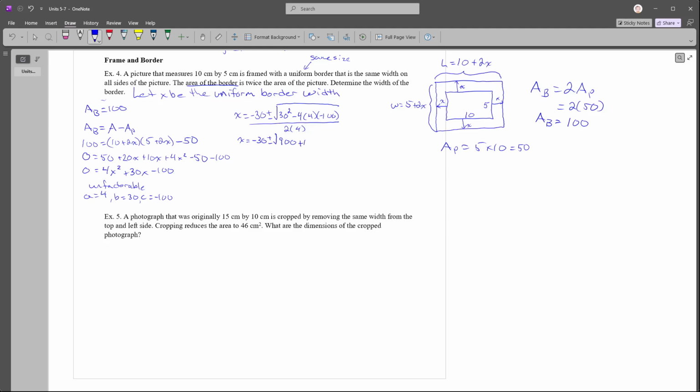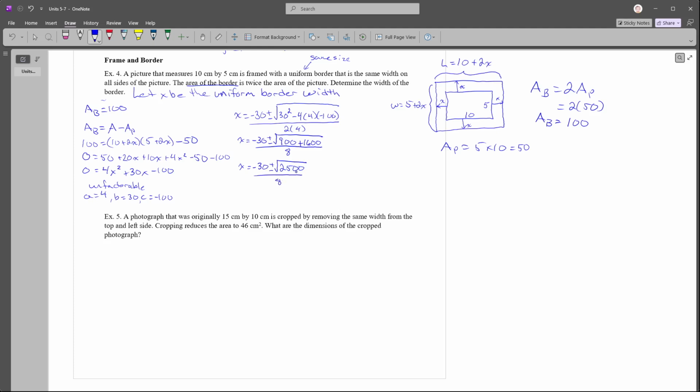So plus 1600. Whew, it's a big number here. And then underneath we have an 8. Let's keep simplifying as much as we can. X is equal to negative 30 plus or minus the square root of 900 plus 1600 is 2500. That sounds promising. Maybe we'll get a good number. And that's all over 8.